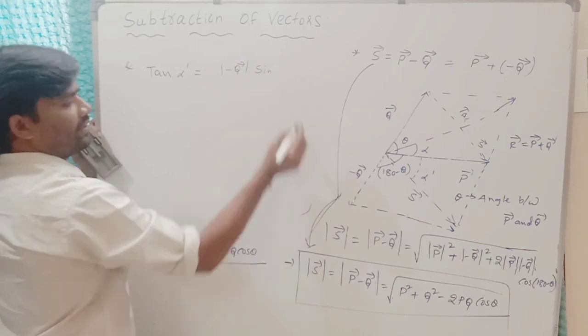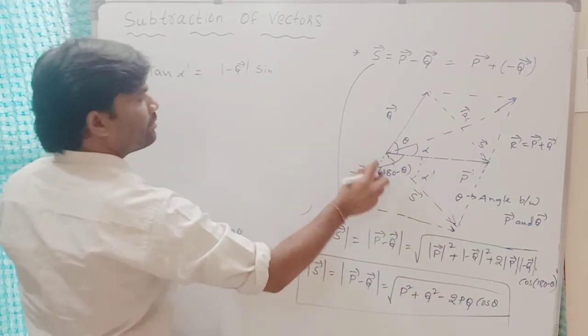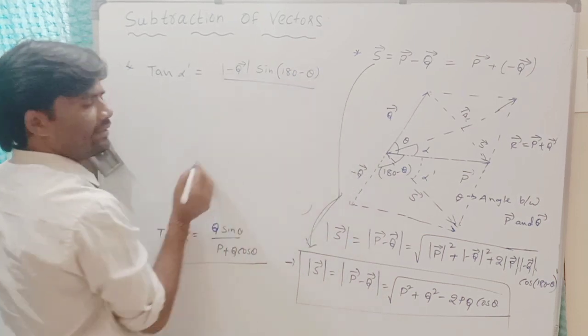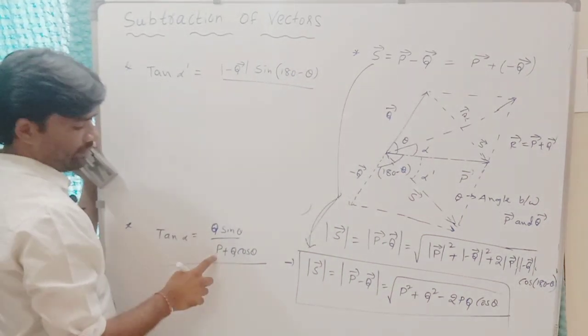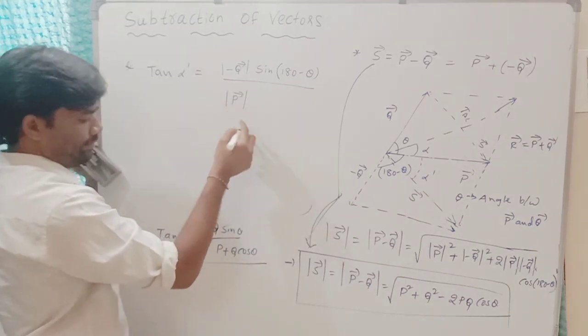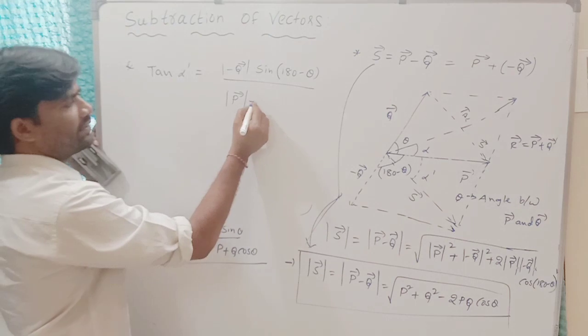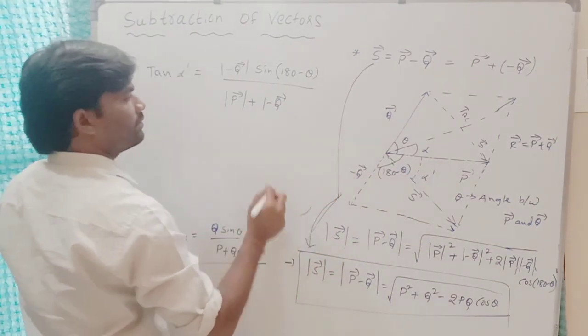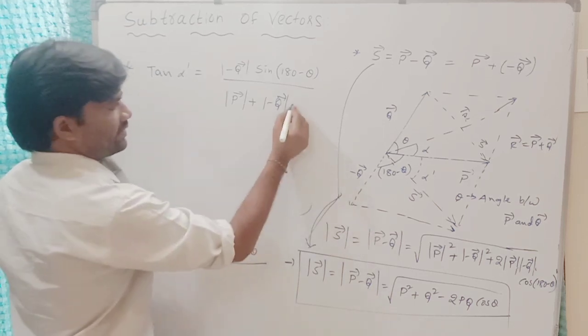Sin theta, meaning what is the angle between P and minus Q? 180 minus theta, divided by P, and Q means minus Q here, P minus Q, and cos.